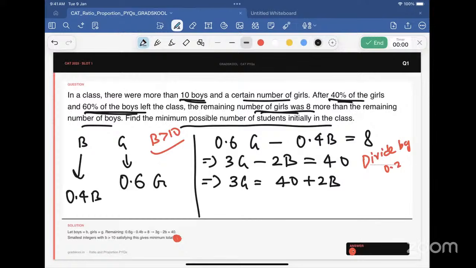Now, somehow, I need to plug in numbers for B, which is more than 10, and see if I get an integral number of girls, because we cannot have half a girl, quarter girl, right? Fractional girls are not possible. Is that right, everyone?